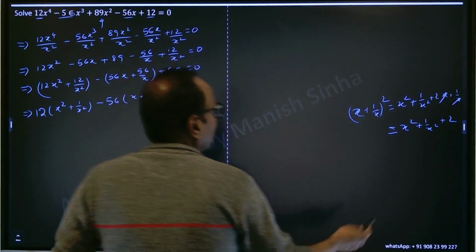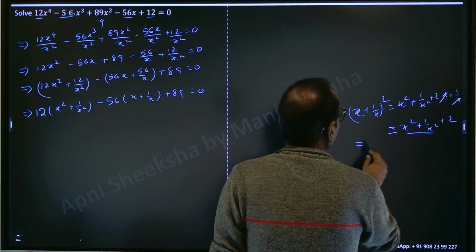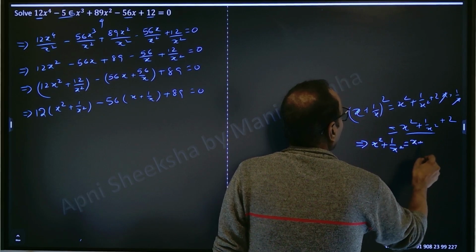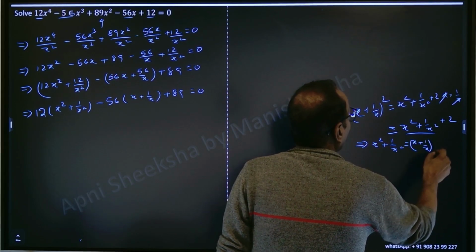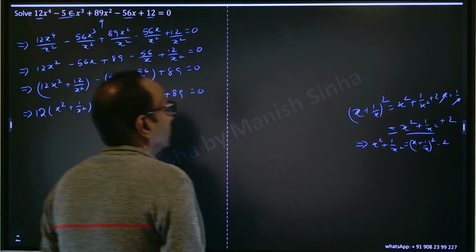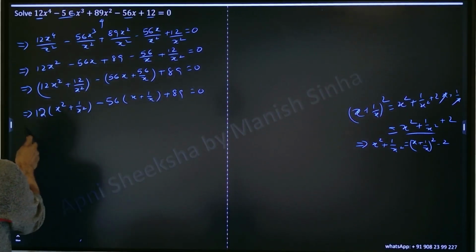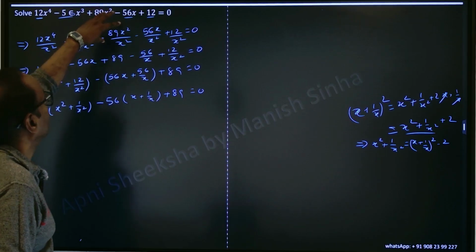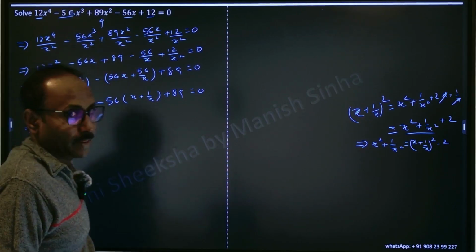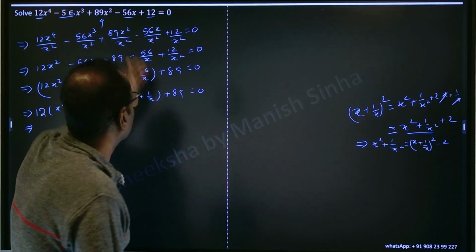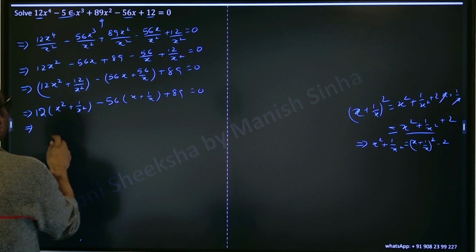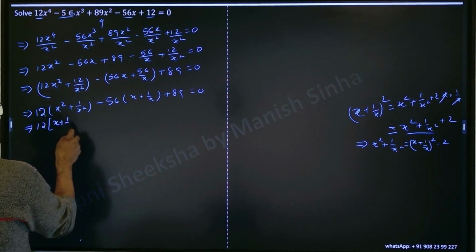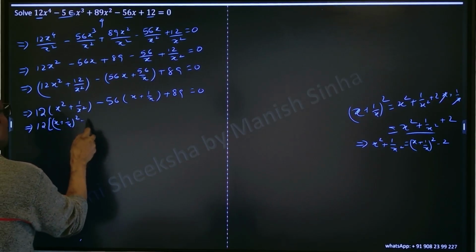So can we replace this x square plus 1 by x square with the square minus 2? So put this value over here. That is the whole idea of dividing by the middle term, the component of x, that is x square over here. So now you can write this as x plus 1 by x whole square minus 2.